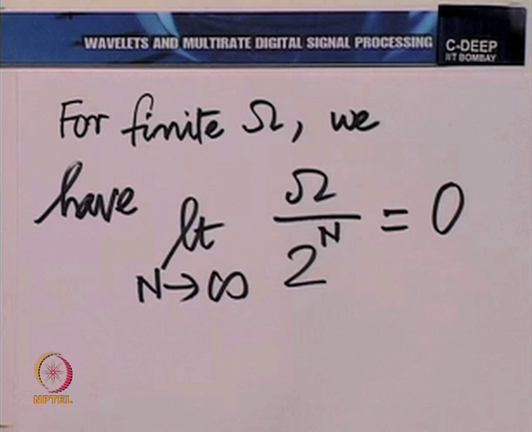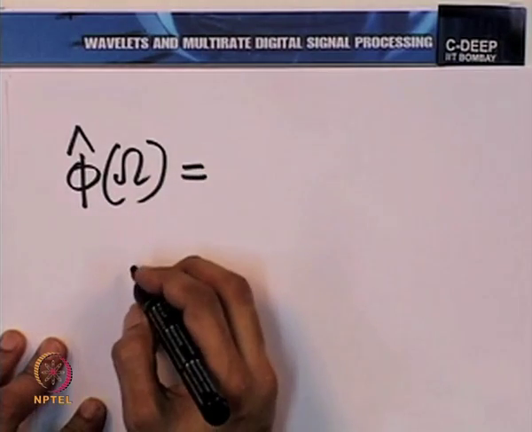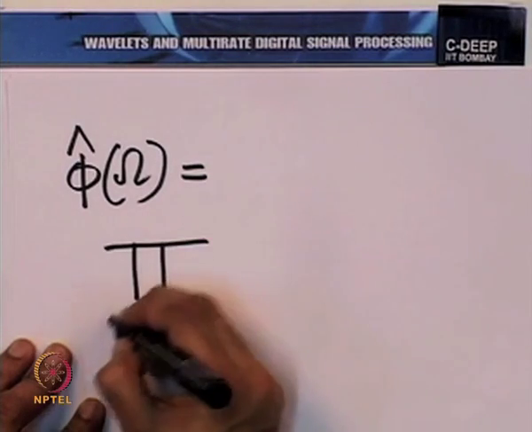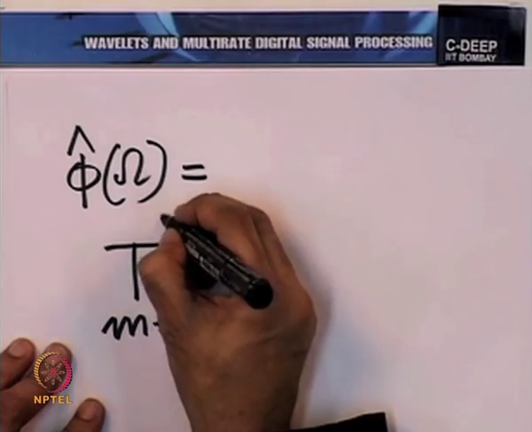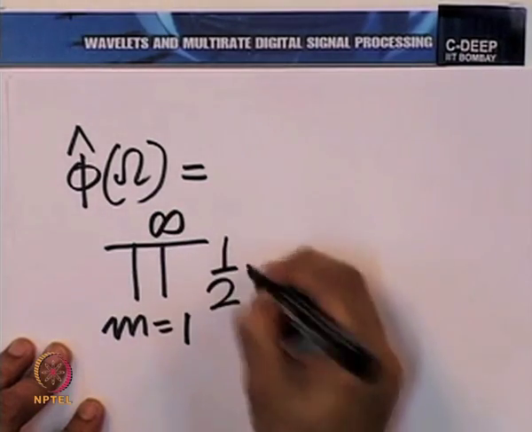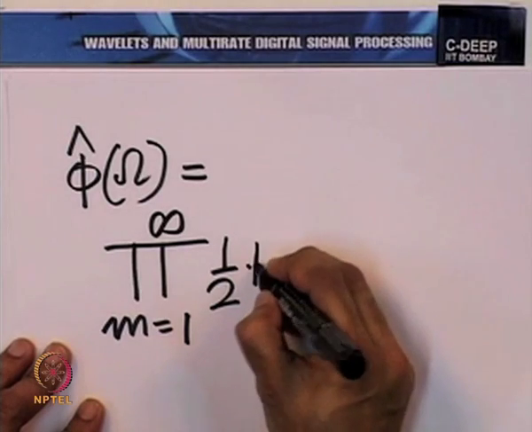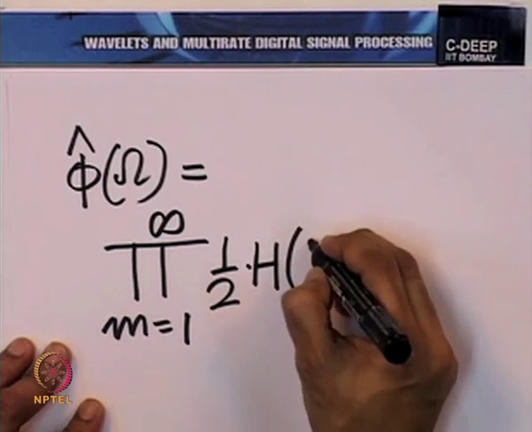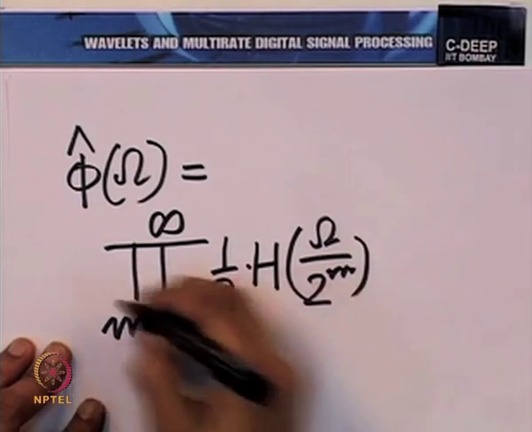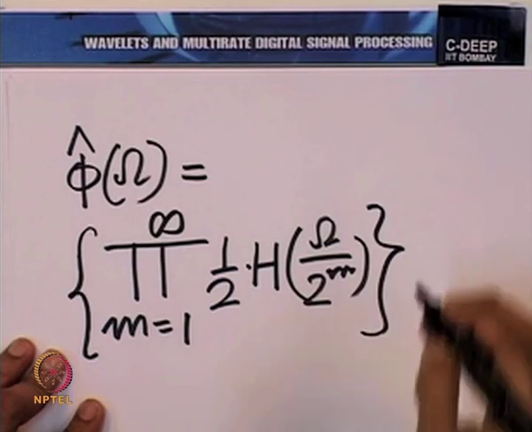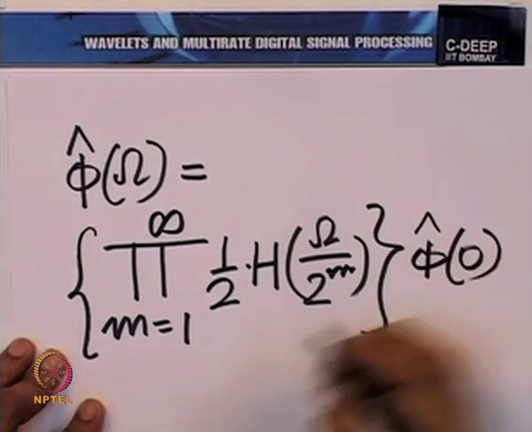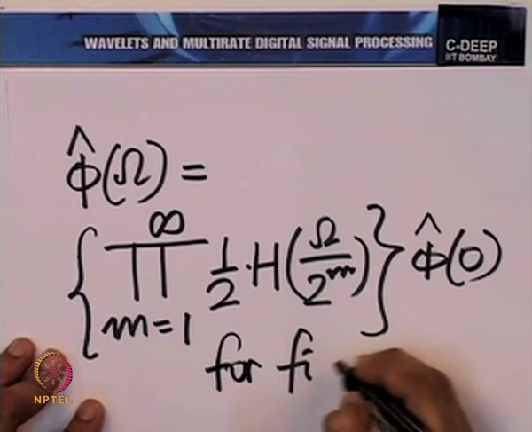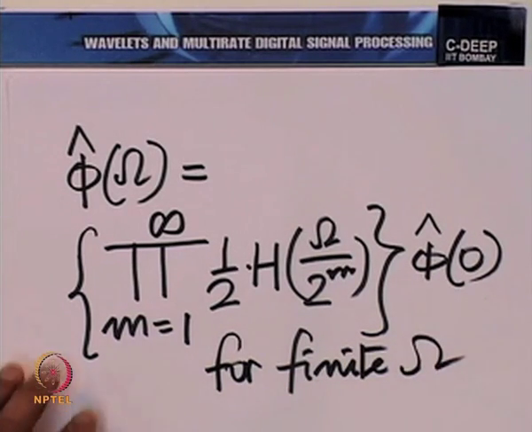Phi cap omega, therefore, is essentially a product m going from 1 to positive infinity. Remember, the half occurs with each of these terms in the product. Now, we have to be careful and say for finite capital omega, but that is not a very serious problem.